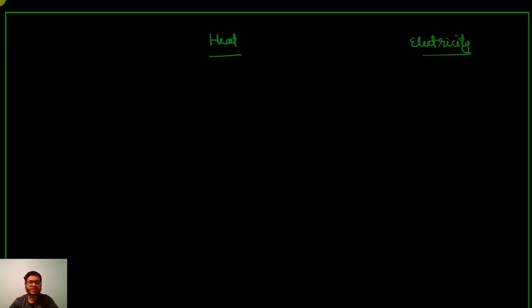So they just assumed that heat and electricity were separate things, and they called heat caloric, and there was electric, for example.